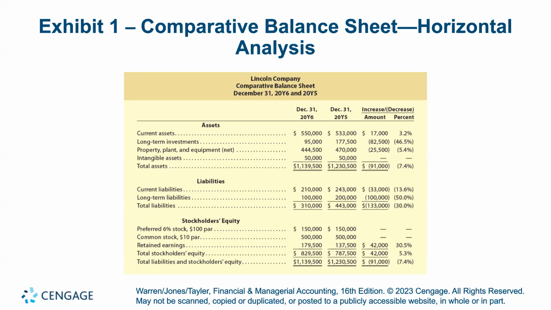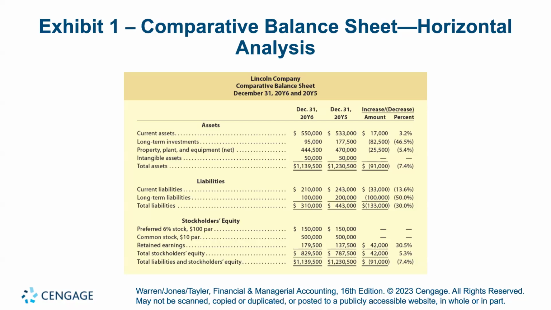That's called horizontal analysis. And horizontal just means across the horizon. All it really means is you'll see a balance sheet, and then it's compared across years. This one just has 2 years, 2025 and 2026, or 2015 and 2016, I'll let you decide.